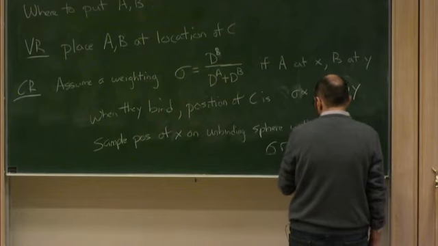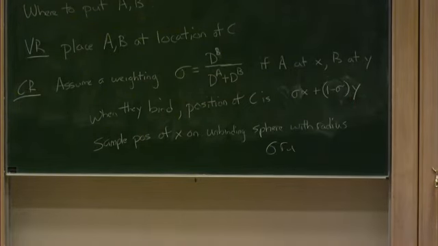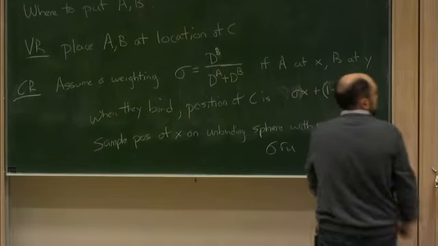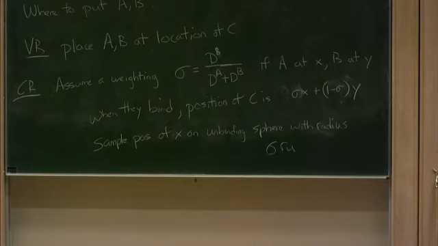Is that correct, Stephen? Yep. And then you place the other one using this formula by reflection. I'm running out of room, so I need to move over here. So place the other one by reflection.